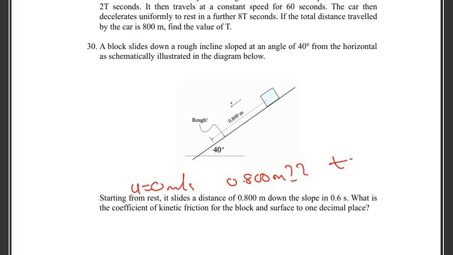The time taken there is 0.6 seconds. What is the coefficient of kinetic friction between the block and the surface, to 1 decimal place?